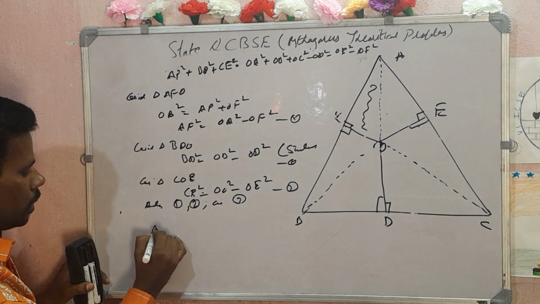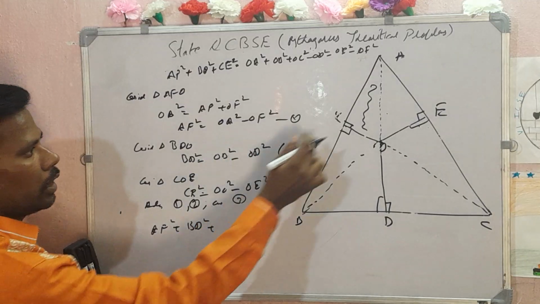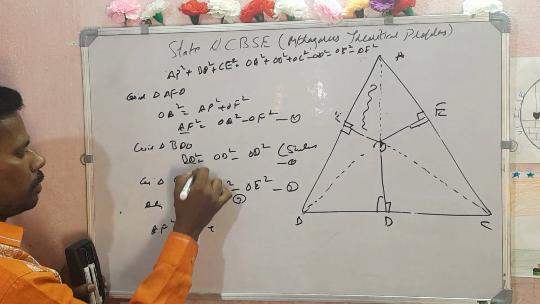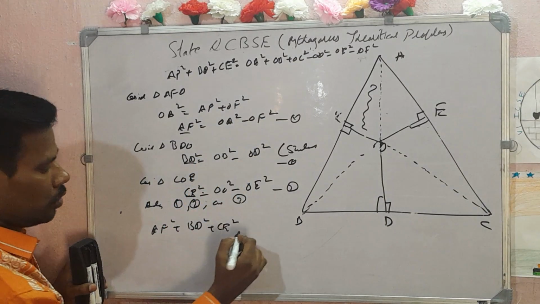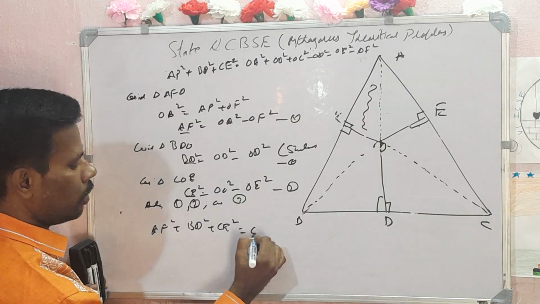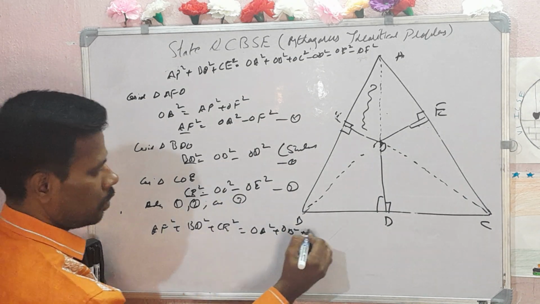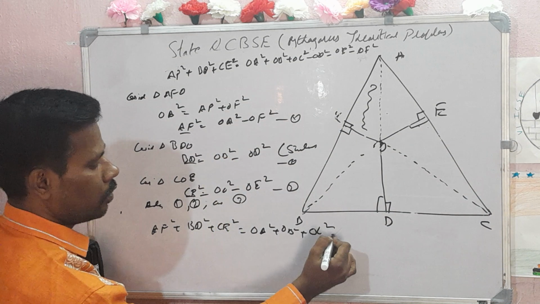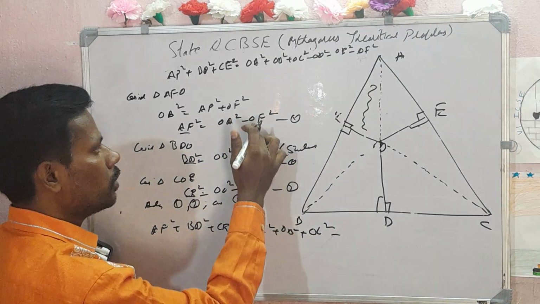So AF square plus BD square plus CE square is equal to OA square plus OB square plus OC square. So see here, already 90% of the problem is finished.